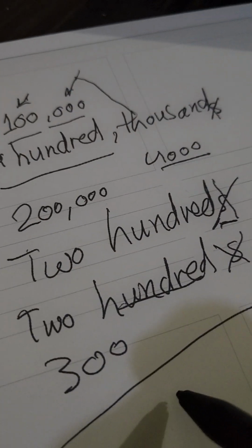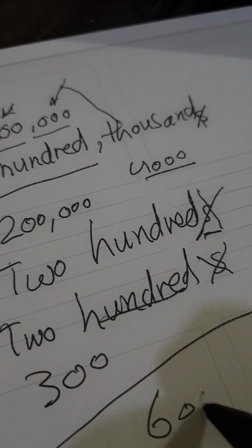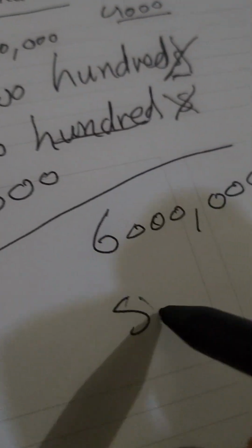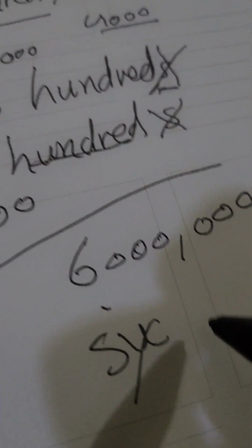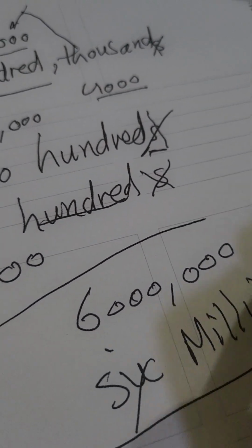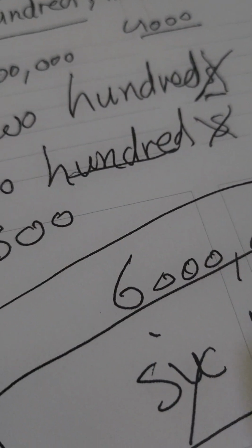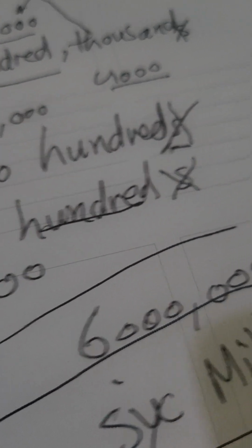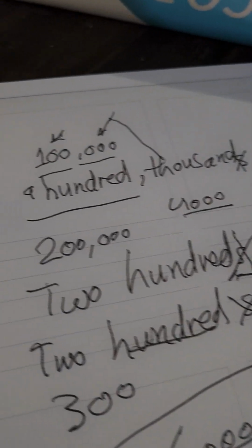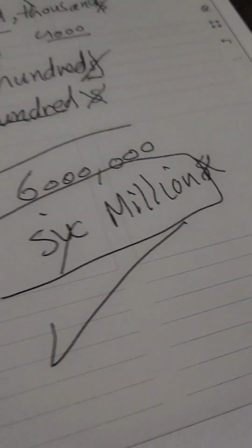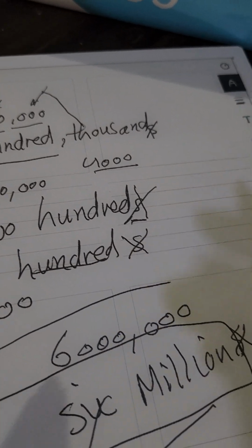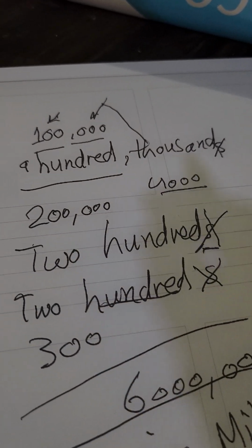If you have, for example, 6 million, how can you write it? 6 million, not millions, no, the same. If you use S, that's wrong. So 6 million, 1 million, and so on. So this is what to do today for numbers. I tried just to check the numbers with you, and another point is coming now. Just wait.